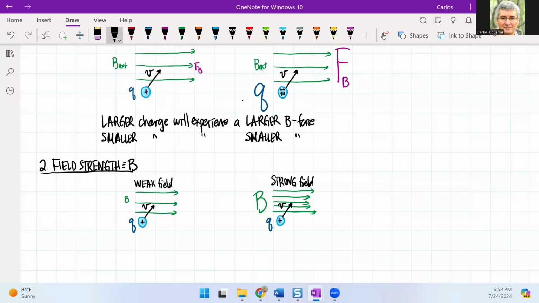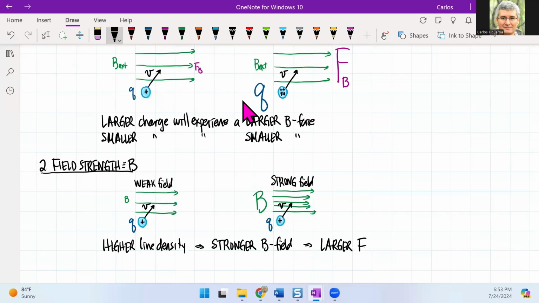Then I have to be able to say that if I have a higher line density, that implies that I have a stronger magnetic field. But clearly, if I have a stronger magnetic field, it has to cause a larger magnetic force.